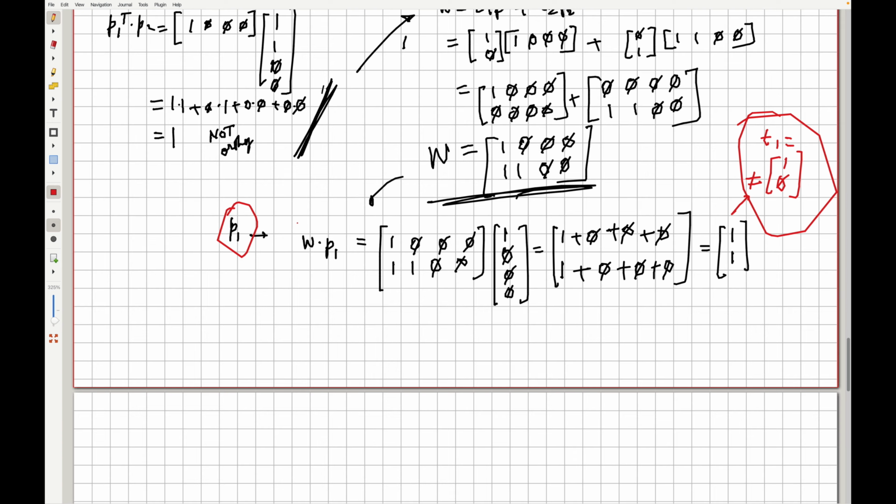But because the input vectors that were used to create this weight matrix, P1 and P2, were not orthogonal, the weights that we have here in the weight matrix are probably not optimal, and therefore the output that we get has some errors in it.